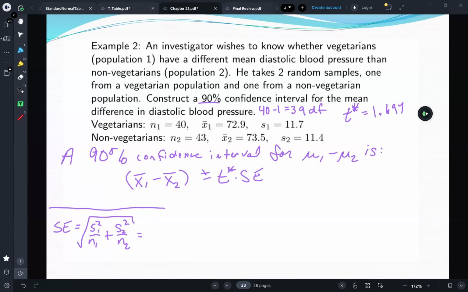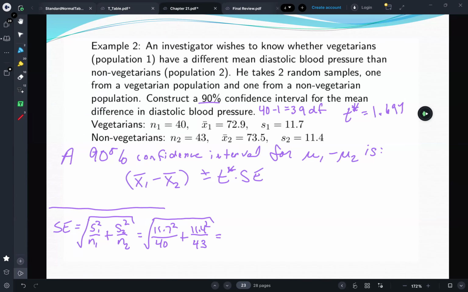We still need to get this standard error over here, so we need to plug these in. Plus, now remember, just keep an eye on those standard deviations. If they come to you already squared, if those are variances, then you don't need to square.